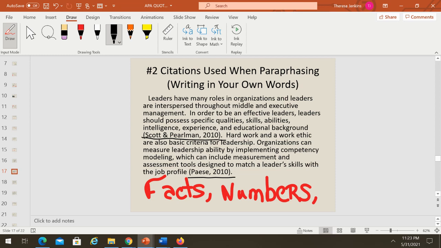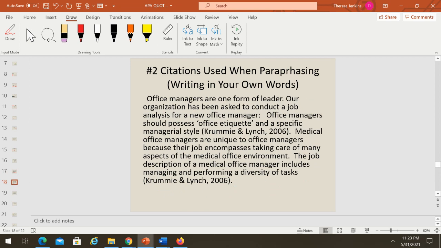So when exactly do we use citations? Always use citations with facts, also any numbers, including percentages, dates, ages, ratios, or any type of numerical information. Please use a citation. Here's another example of paraphrasing, writing in your own words. Here is the student's citation.